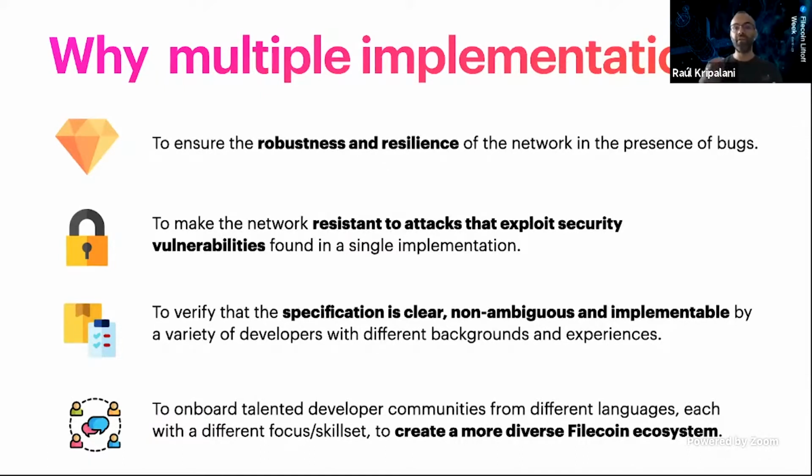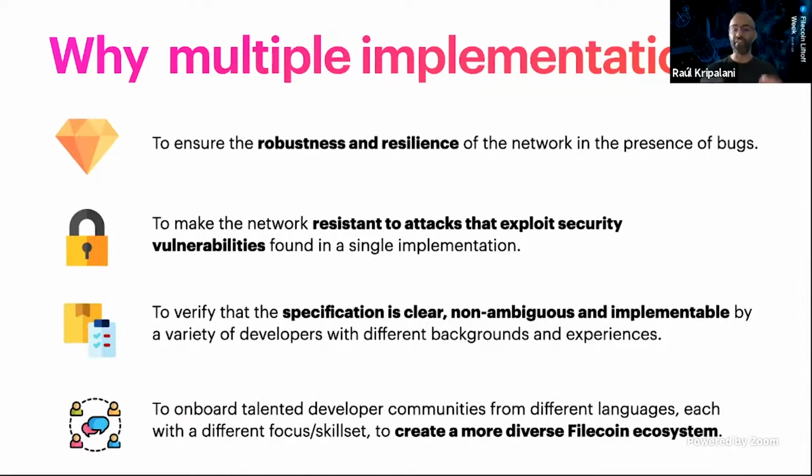It's really important for multiple implementations to have been built against the specification itself and not to have copied each other a lot in the implementation details, so that potential security vulnerabilities in one implementation don't translate into another. So when we have a network that's operated by multiple clients, multiple implementations, if a security vulnerability is found in one, it won't take down the entire network as a whole.